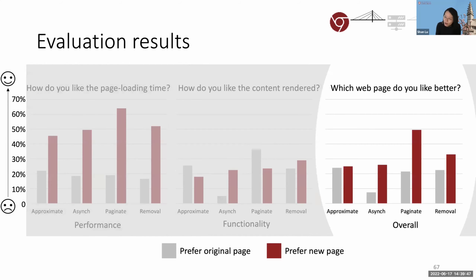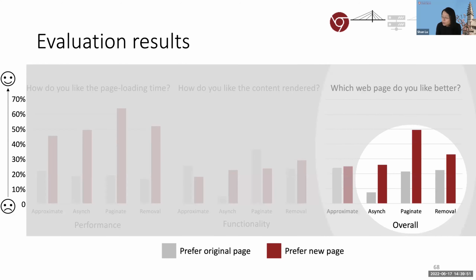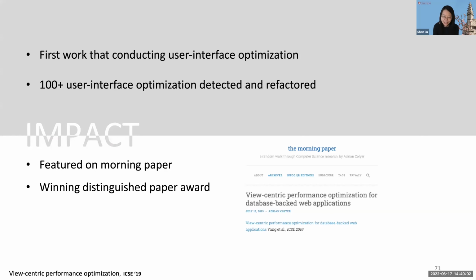And we ask them overall which page they prefer. In most cases, considering content and performance, they prefer the page that we have changed, much, much more. So basically that finishes this panorama work on interface design.